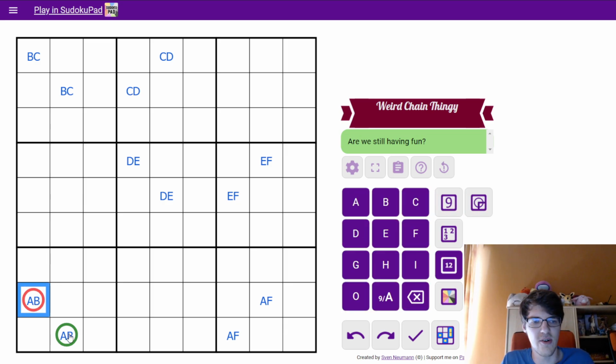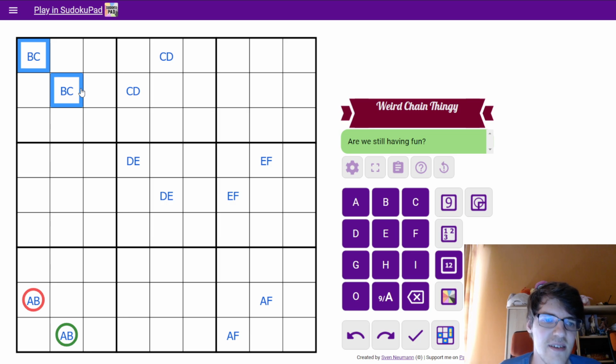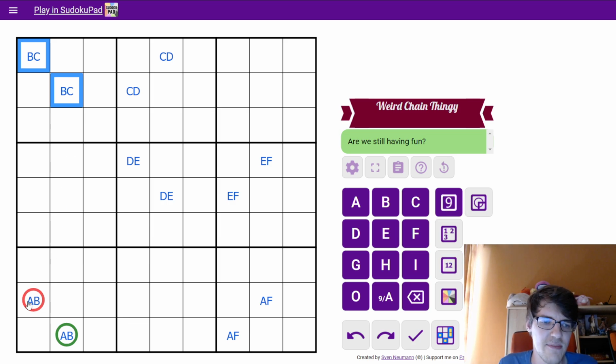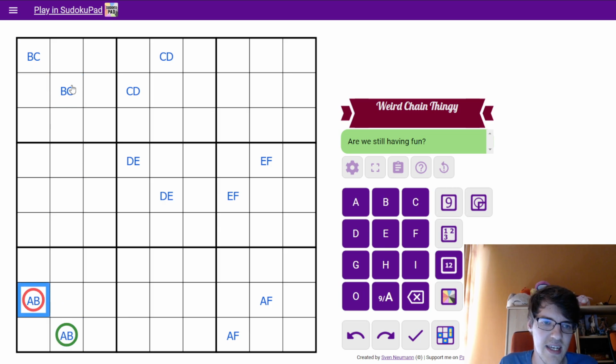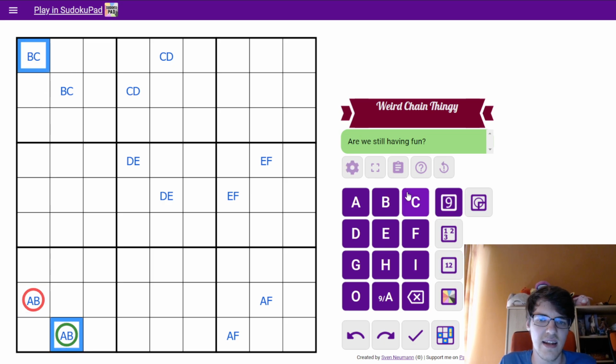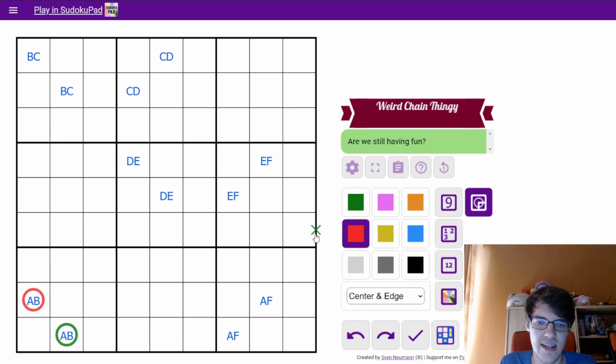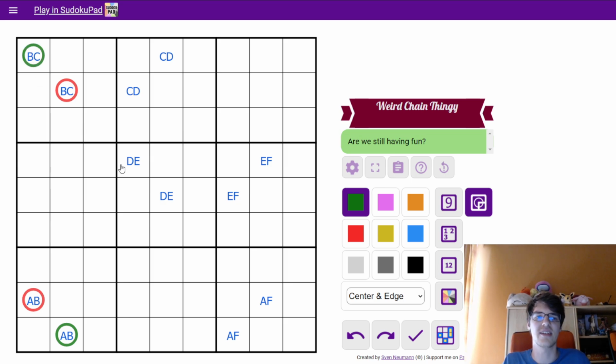Now, because we know this pair is also a red-green pair, because B and C are in different groups, and because the B is shared here, it means that if that's B, this is B, or if this is B, that's B, right? So we can see that the coloring behaves the exact same way like in the Oddagon case.